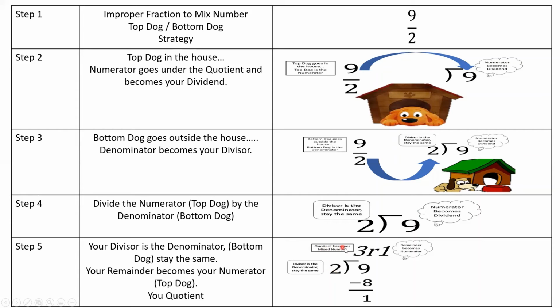Our quotient becomes our whole number or our mixed number. And our numerator will simply be the remainder. We'll just simply move our remainder to the numerator position. Now, what does that look like?